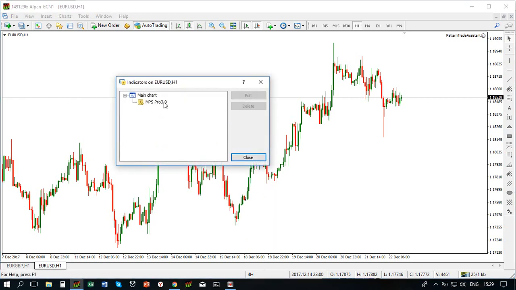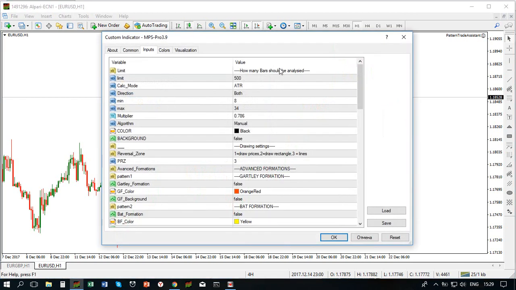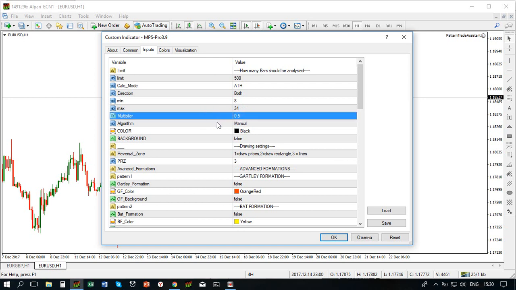Let's go to indicators. Let's go here, and you might see that the ATR is this. It's not new. The multiplier is the previous movement. As I told you, it should be more or equal to 50% of XA. So if I type 0.5, this means it is 0.5 or more.